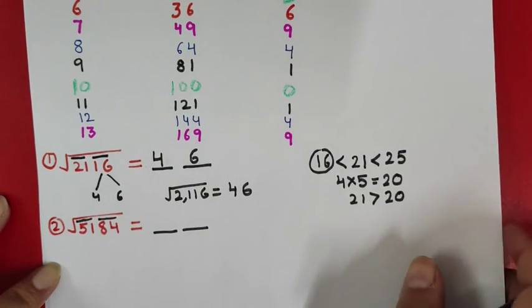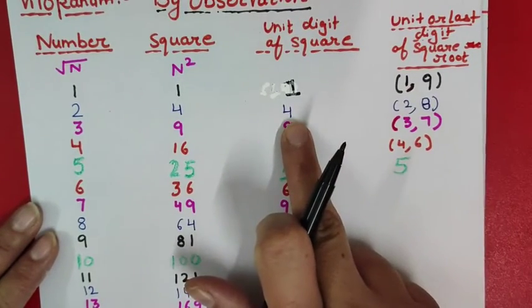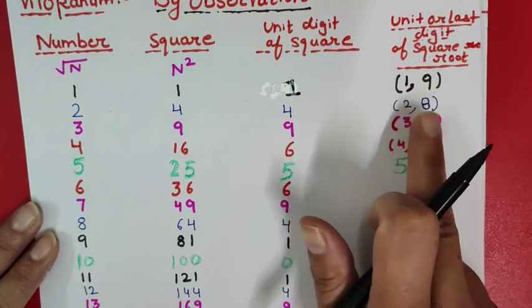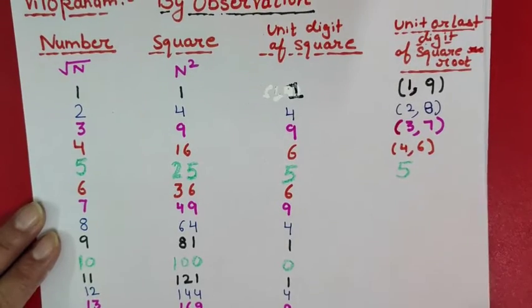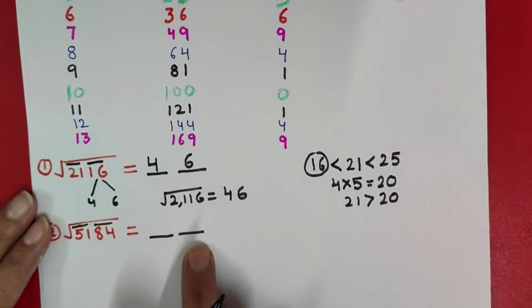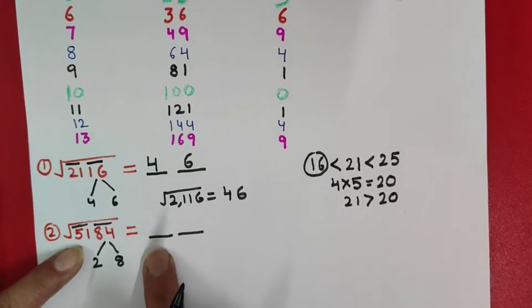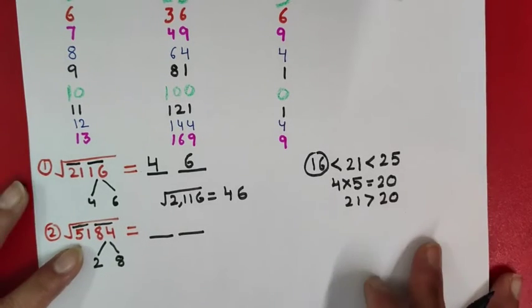Since the last digit of the square is 4, the square root must have either 2 or 8 as its last digit. Right? So we get the idea that here we can have either 2 or 8. This 51 will decide the 10th digit and also which one to choose among 2 and 8.